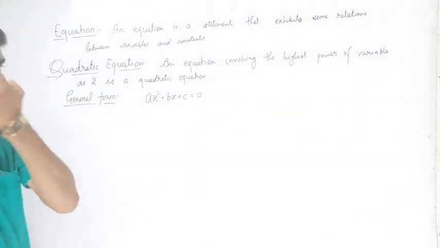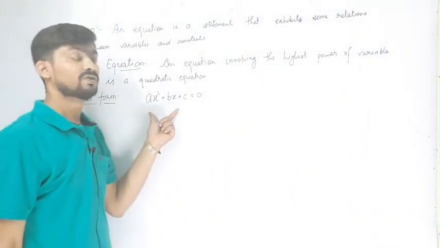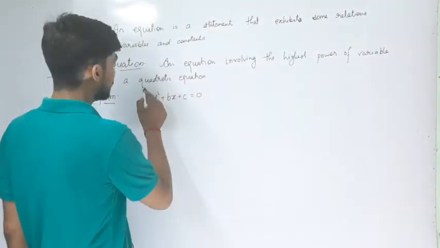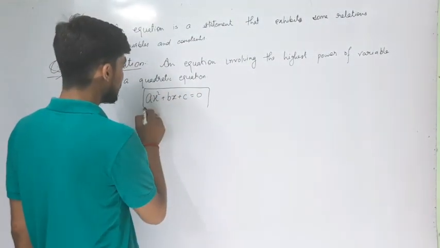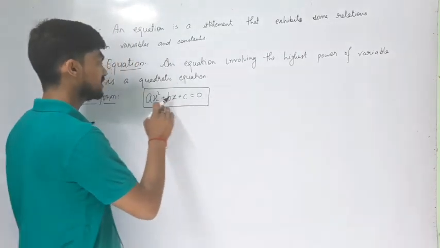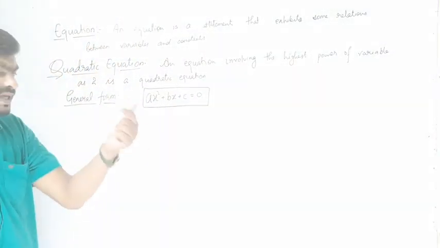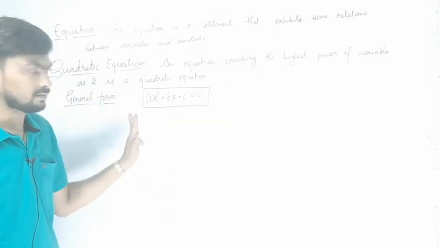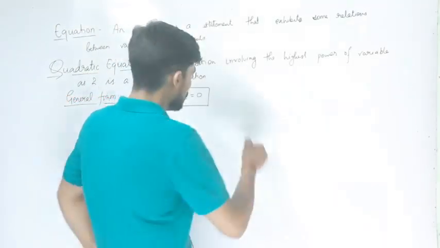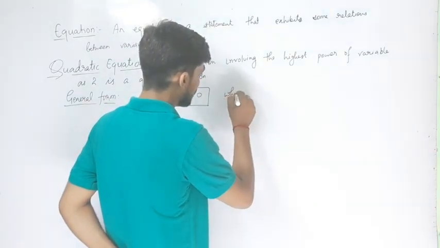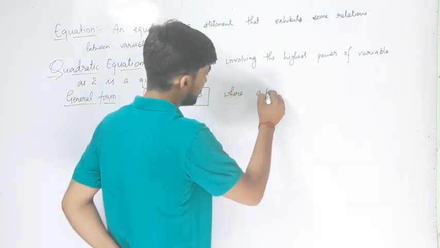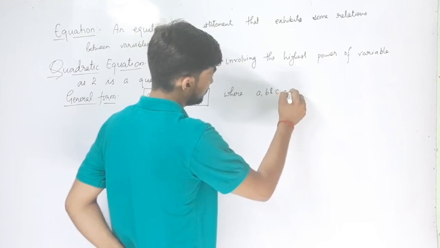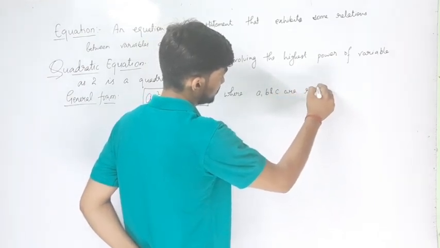This is the general structure of the quadratic equation. It means all the quadratic equations must be in this form. Now you might be thinking, what are a, b, c? X, you are sure that it is variable, but what about a, b, c? So I shall clear your doubt, where a, b and c are real numbers.